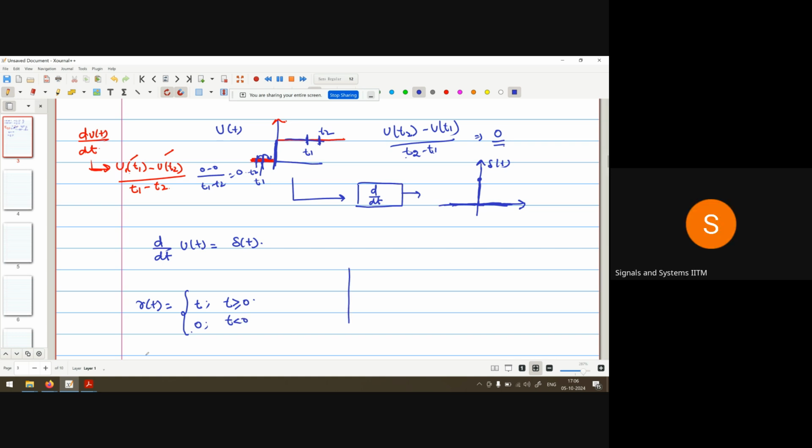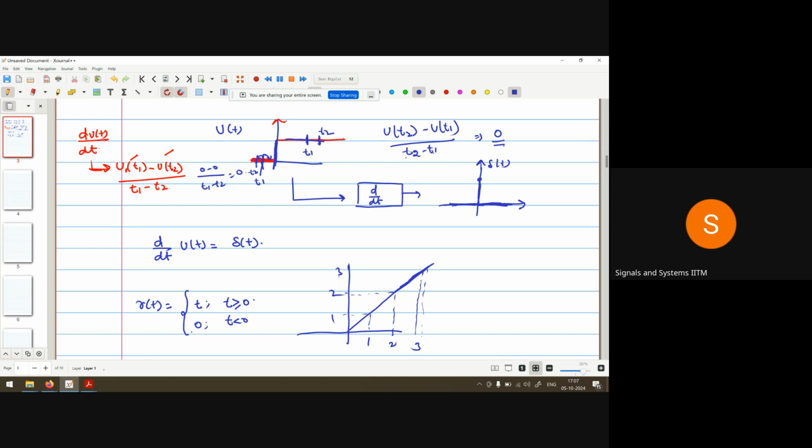Okay, so the signal representation is like that. At t equal to 1, the value is 1. At t equal to 2, the value is 2. At t equal to 3, the value is 3.